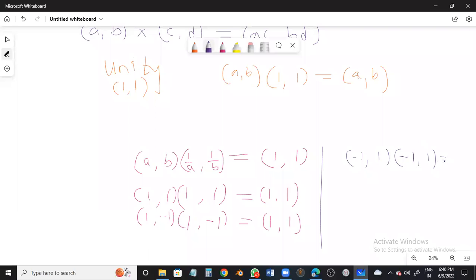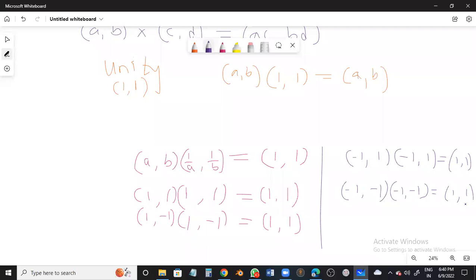Come on, (1, 1). And if I take (-1, -1), then what is happening? What is the inverse of this? (-1, -1). Yes. Answer is going to be (1, 1).